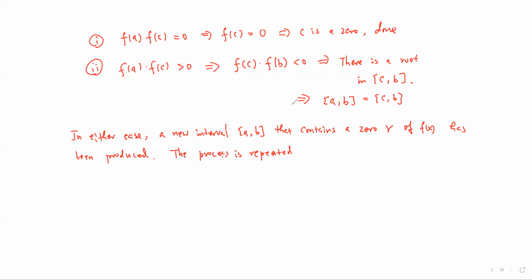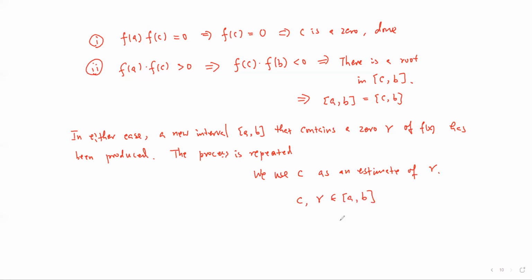In the bisection method, we always use the midpoint of the interval AB as an estimate of the 0, R. When this interval AB is small enough, remember, the root is always inside this interval.